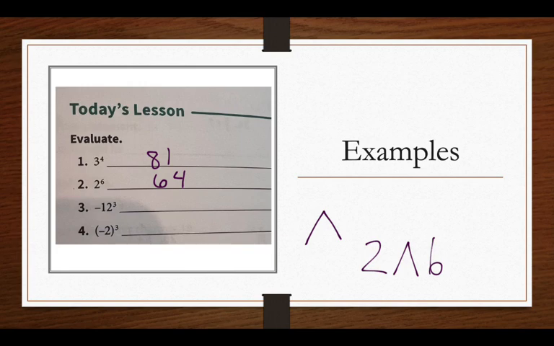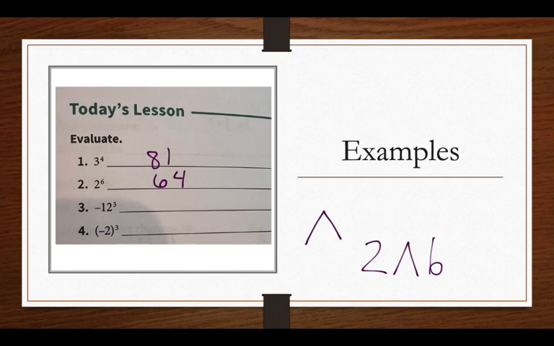That's the 2 to the 6th. Oh, good, it's right there. Yes, you have it too. And then you should get 64. I'm sorry, I keep saying that. Thank you very much for helping me.